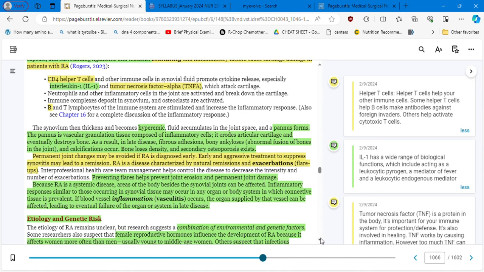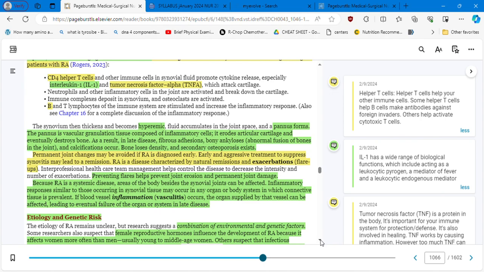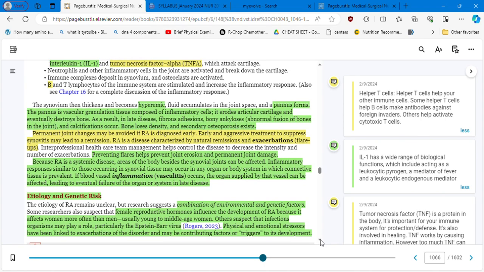They are overreacting. The synovium then thickens and becomes hyperemic. So hyperemia is a consequence that causes a lot of vascularity, a lot of circulation, right?